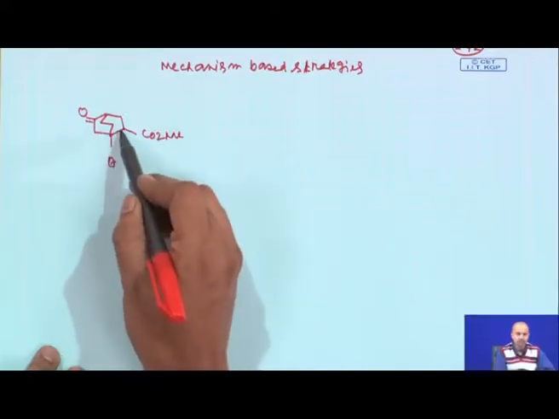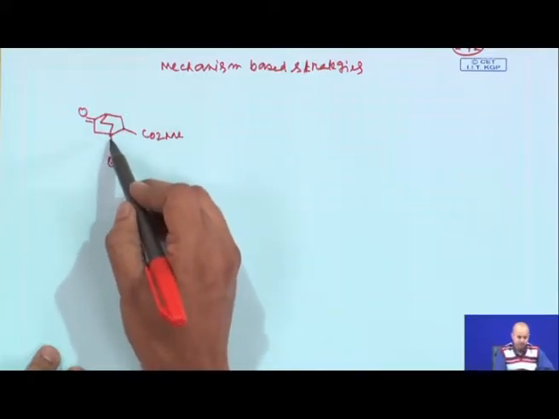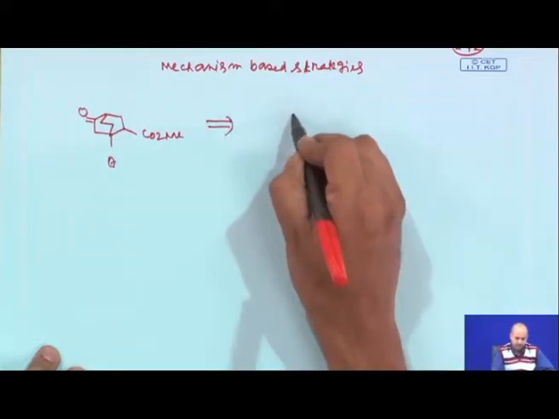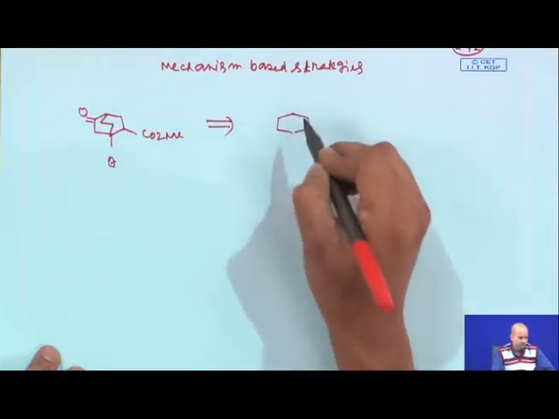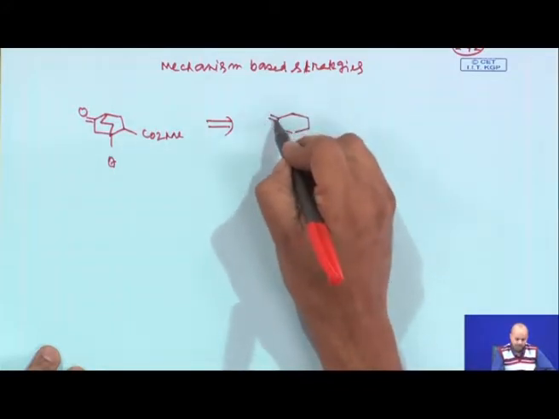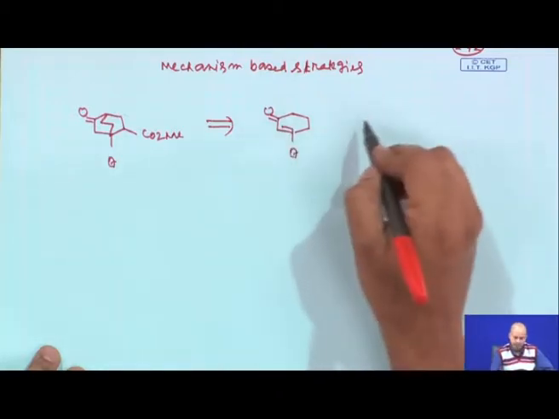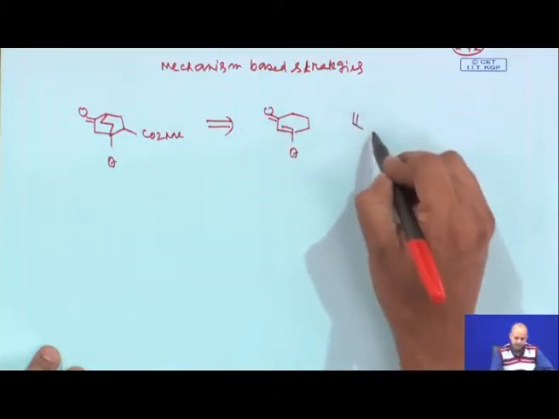So, basically two bicyclic rings are fused, and you have a quaternary carbon where an ethyl group is there. I am giving you the starting material, which is this kind of starting material and this starting material.